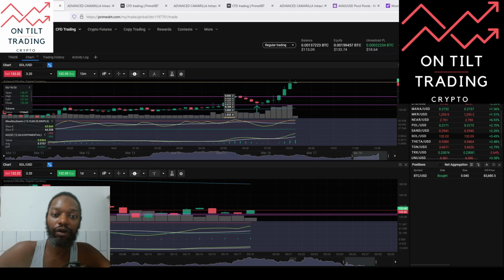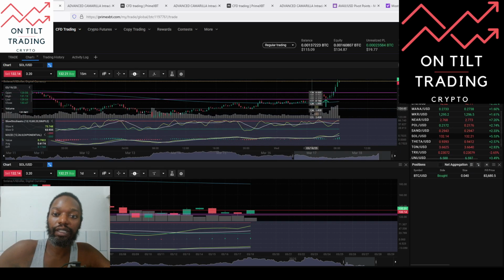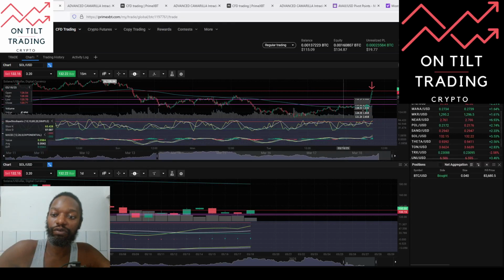We can see as the volume comes in, buyers are able to take the price of Solana higher and buy up back through the R4 level, and then buyers were able to take the price from this R4 level here up to the R6 level up here, where I was able to take profits.